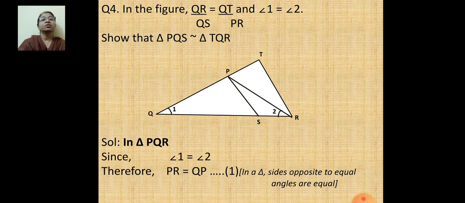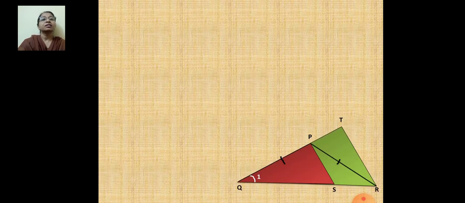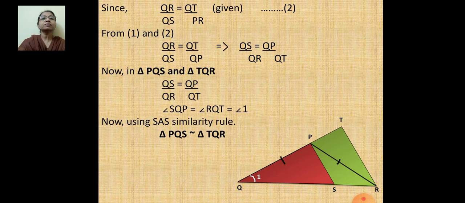So by that you will get PR is equal to PQ. Right? Now this ratio is already given to you, QR upon QS is equal to QT upon PR. This ratio is already given, and just now we have derived this PR length is equal to PQ length.